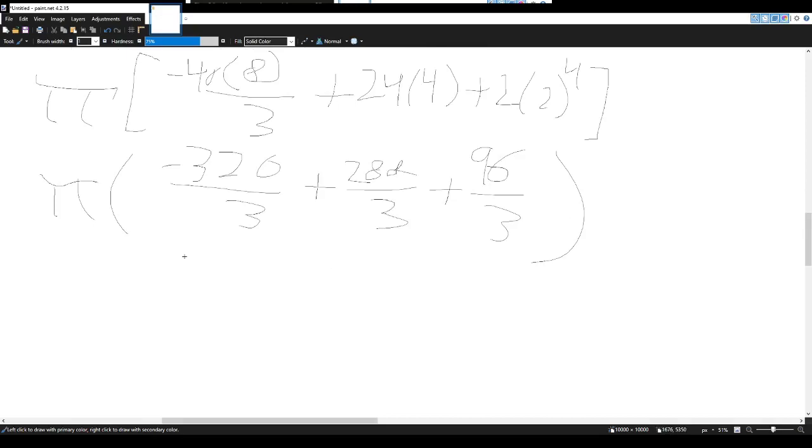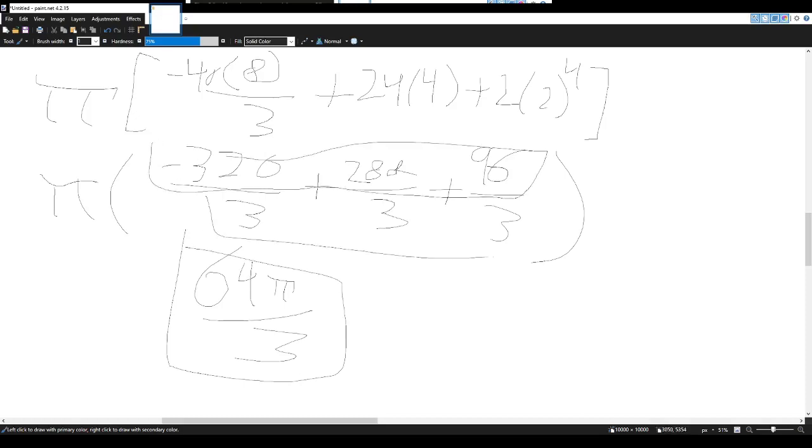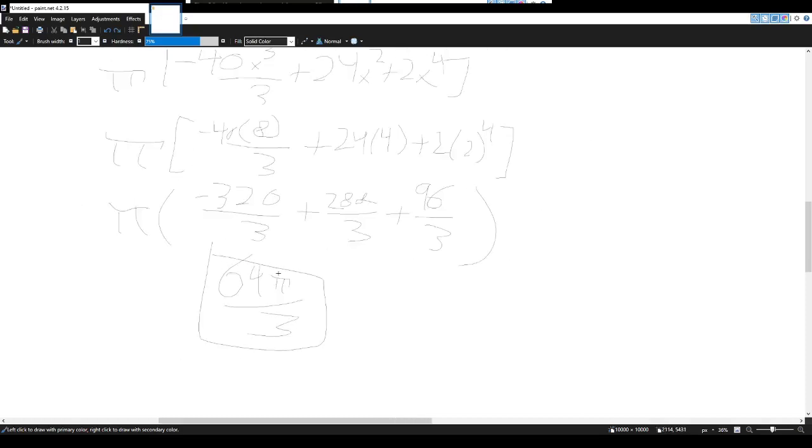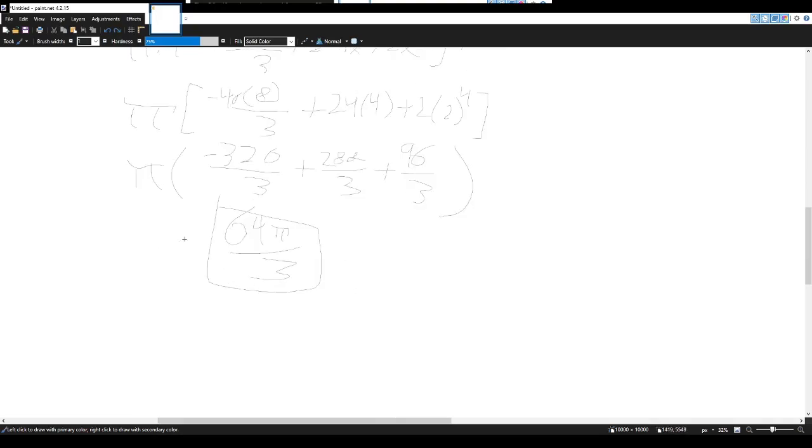Okay, so now this problem I can just do on my calculator because I really don't feel like doing all this arithmetic. I'm not gonna lie to you. So that would be 64 pi over 3 because these add up to 64. This is still the 3. You can't really simplify that. So this is our answer for B.